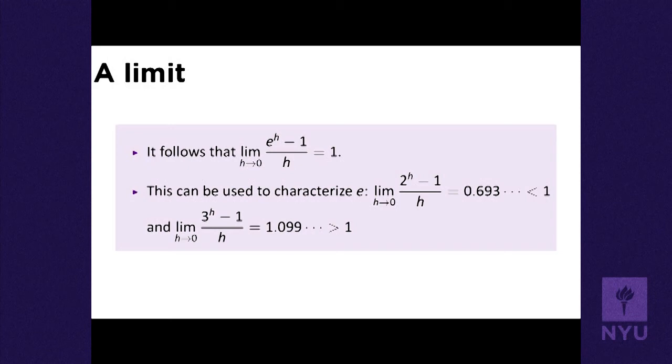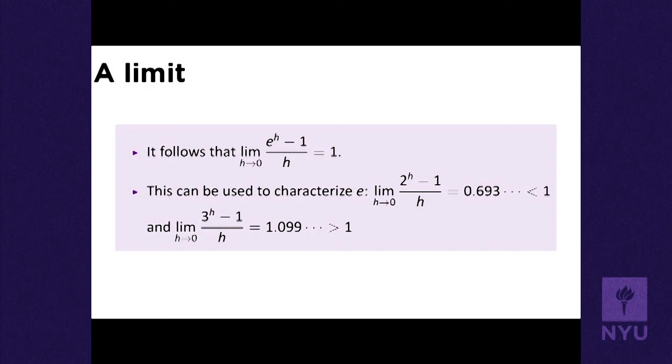It does work out. And as a matter of fact, there's another way to think about how you might define e. If you try this with numbers like 2, take the limit as h goes to 0 of 2 to the h minus 1 over h, and just evaluate it numerically. You'll get something that starts with 0.693, something, something, something. And if you try the same process with a base of 3, you'll get something which starts 1.09, something, something, something.